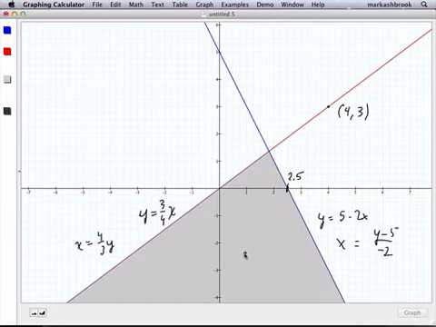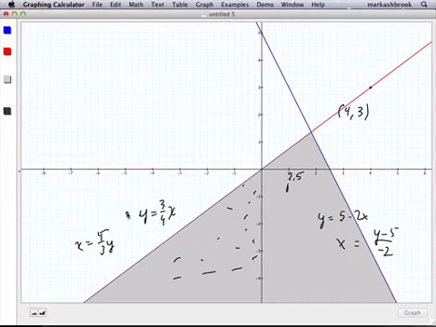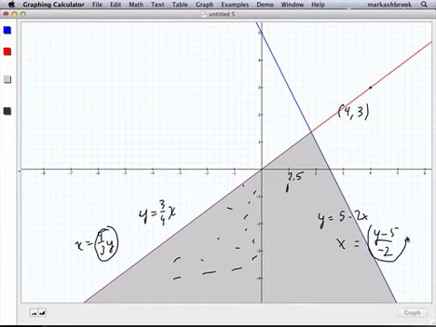So how do we get all the x coordinates in here? The 4/3 y is less than x, which is less than y minus 5 over negative 2. So x has to be greater than this, but also at the same time less than this one.